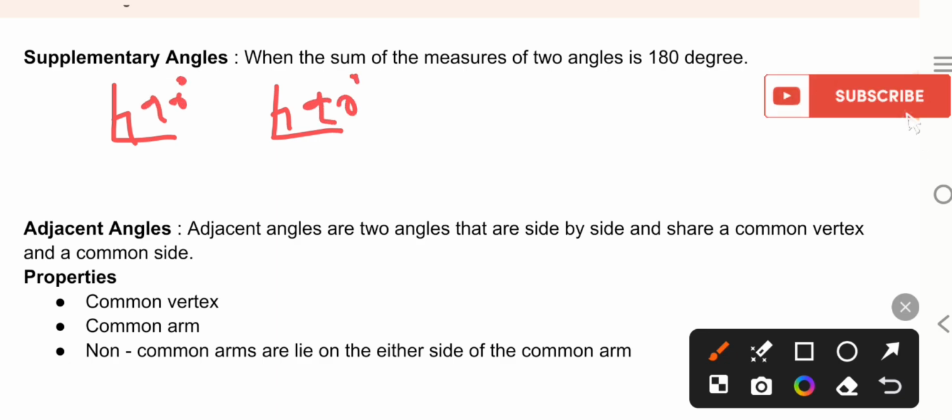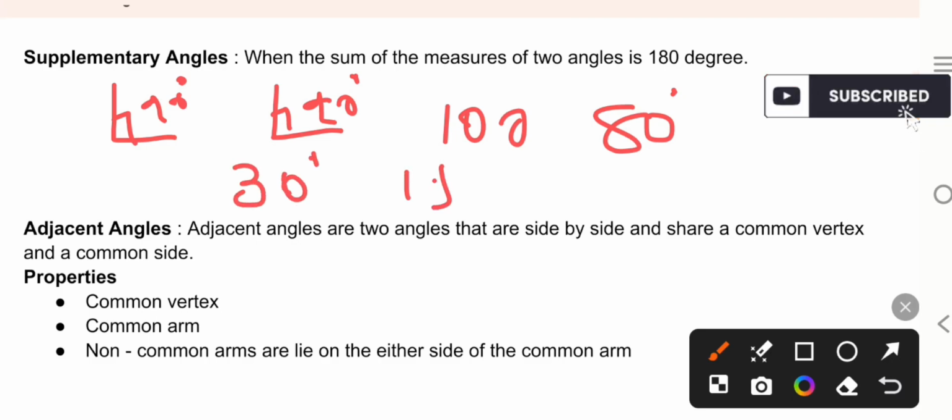Or one angle is 100, the other angle is 80. Or one angle is 30 degree, the other angle will be 150 degree. Or one angle is 20 degree, the other angle should be 160 degree. Then they are said to be supplementary angles.